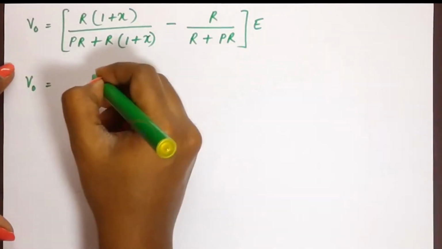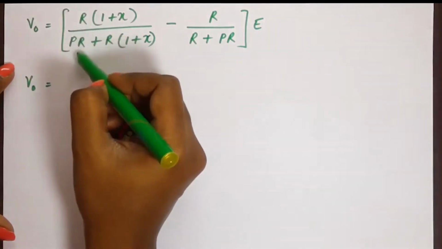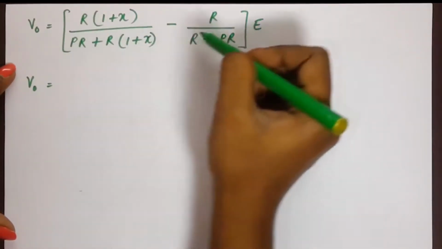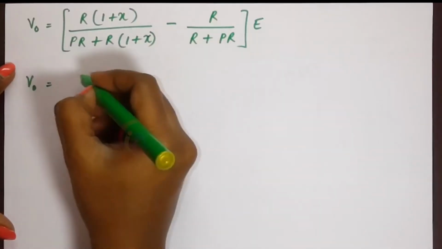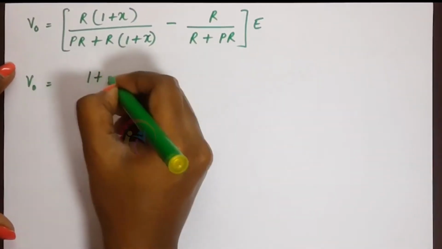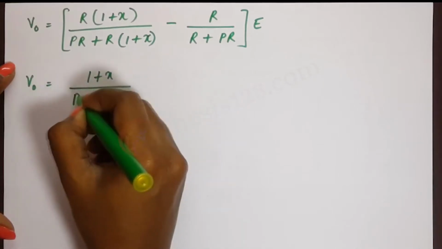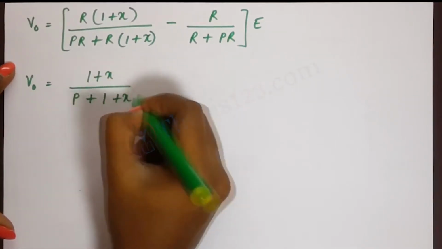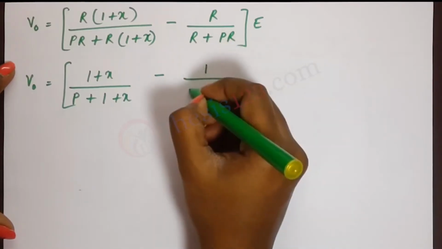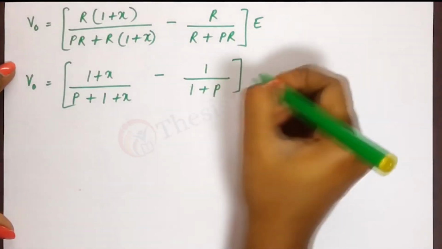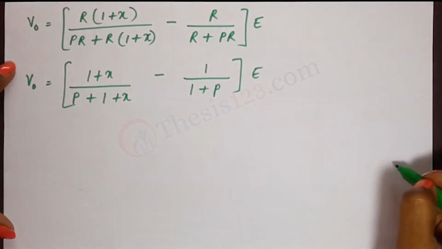Here R is common, so R can be cancelled out. In this part as well, R can be cancelled out, so we will be left with 1 plus X divided by P plus 1 plus X, minus 1 divided by 1 plus P, into E.